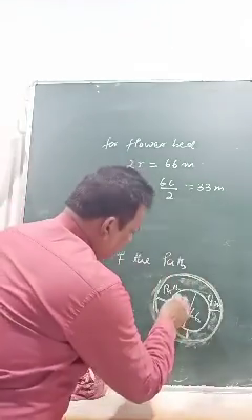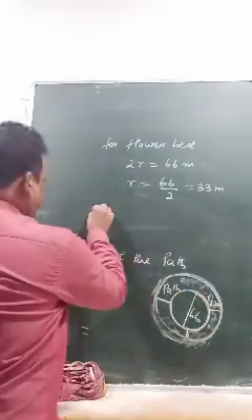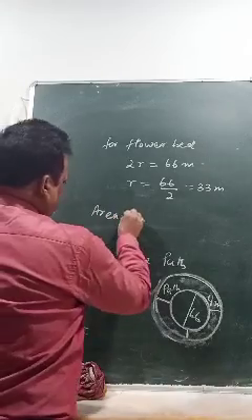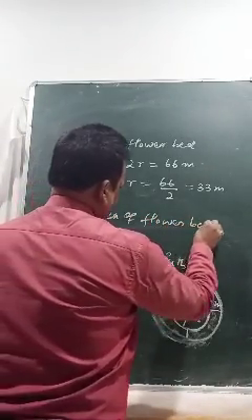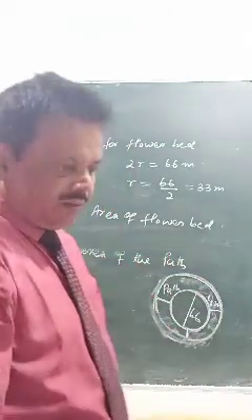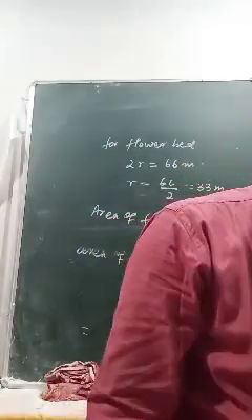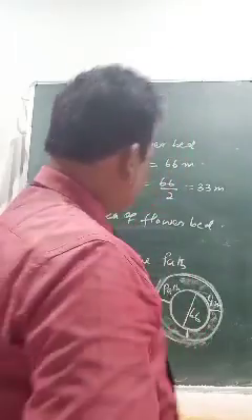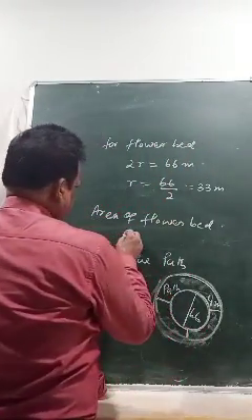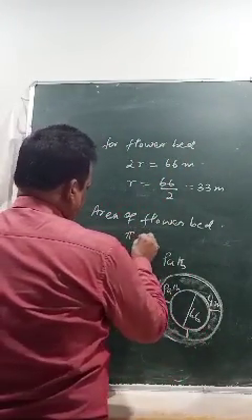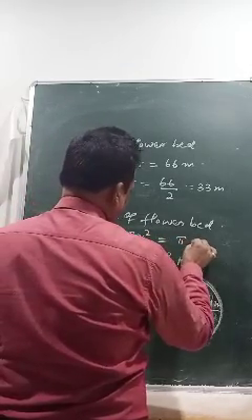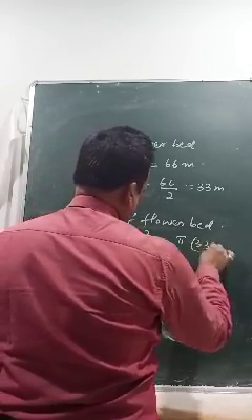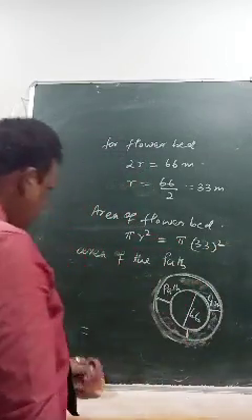Then find out what is area of flower bed. Area of flower bed is pi r square. Suppose let's keep it pi 33 square. Value will put afterwards. Okay.